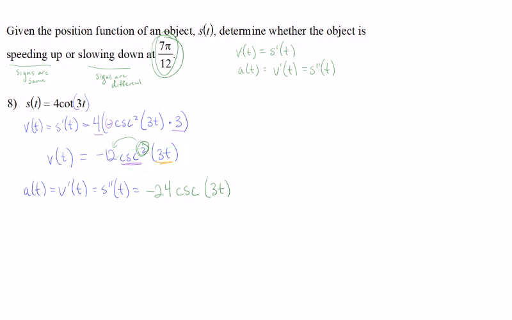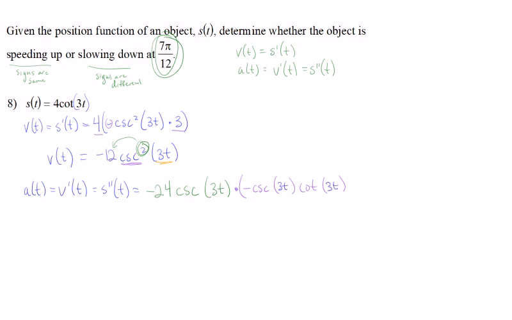Then I'm going to multiply by the derivative of the next level inner function, which is the cosecant of 3t. The derivative of cosecant is negative cosecant cotangent, so I'm going to write cosecant cotangent, and put that 3t inside there.